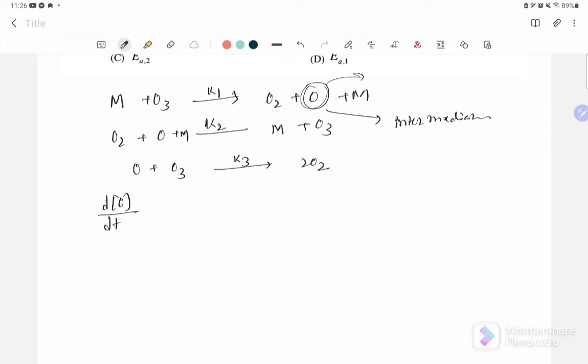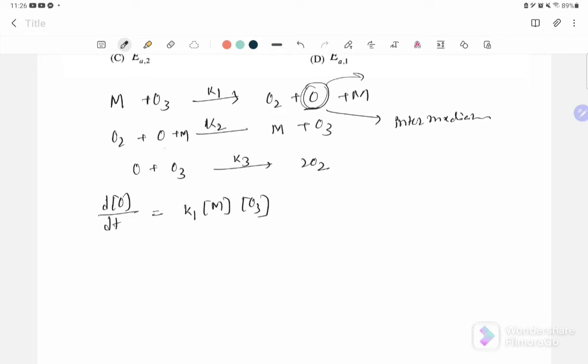For the first equation, the intermediate is produced, so K1 M O3.